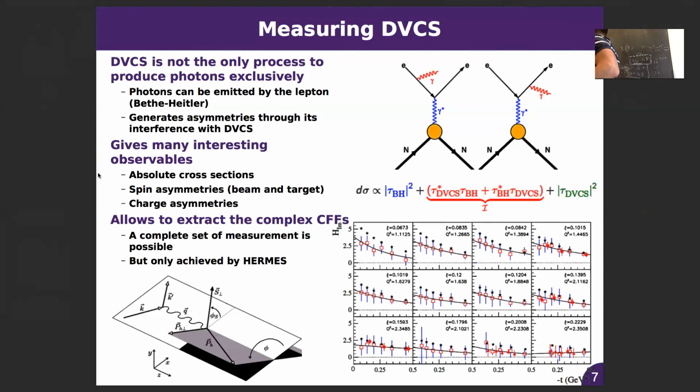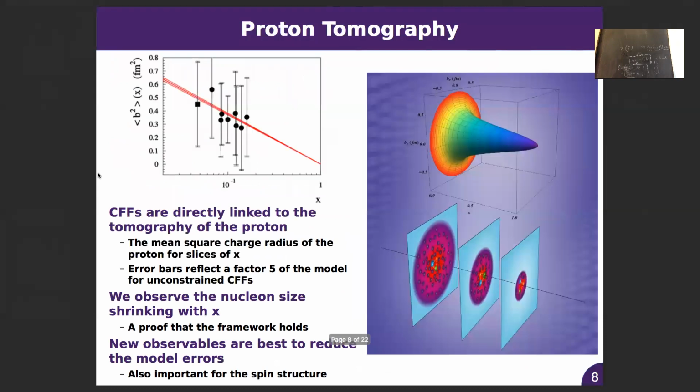This is what we call a local fit, because you extract the Compton form factor for every kinematics without looking at the neighbors, and then you put all of this together and you get those points which have large error bars, as you can note.